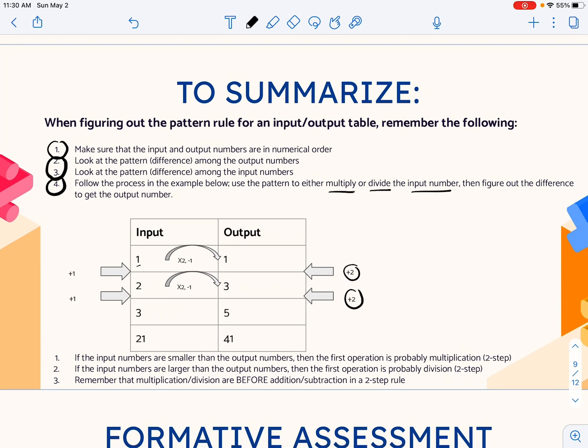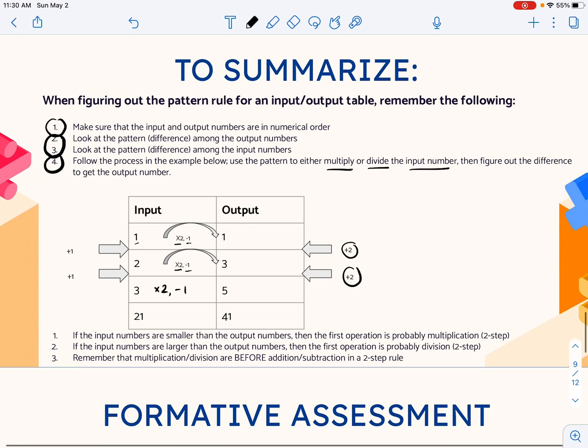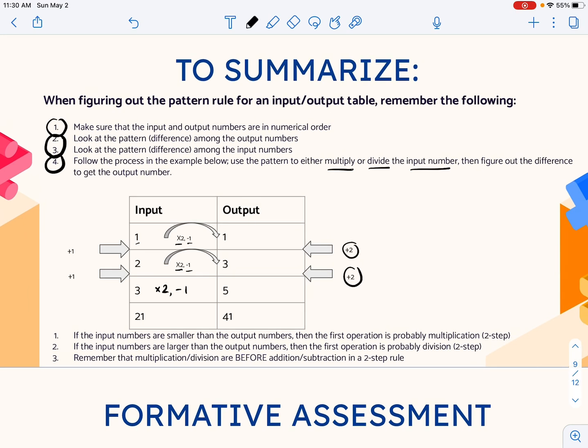So if we did input number times 2 is 2, how do we get from 2 to 1? We subtract 1. If the input number was 2 and we multiplied it by 2, 2 times 2 is 4. How do we get from 4 to 3? We subtract 1. If the input number was 3, we multiplied that by 2, we get 6. How do we get from 6 to 5? We subtract 1. So that's the steps that you would follow in determining the pattern rule.